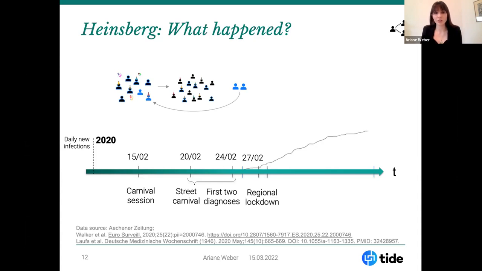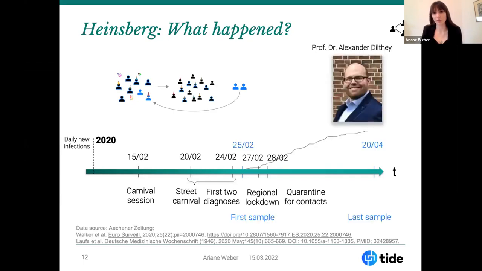So very early on, there was a regional lockdown implemented in the area, as well as contact measures or quarantine measures for contacts implemented. The data set that we have from this outbreak spans almost 2 months, and we got the data from Professor Dr. Alexander Dilthey.